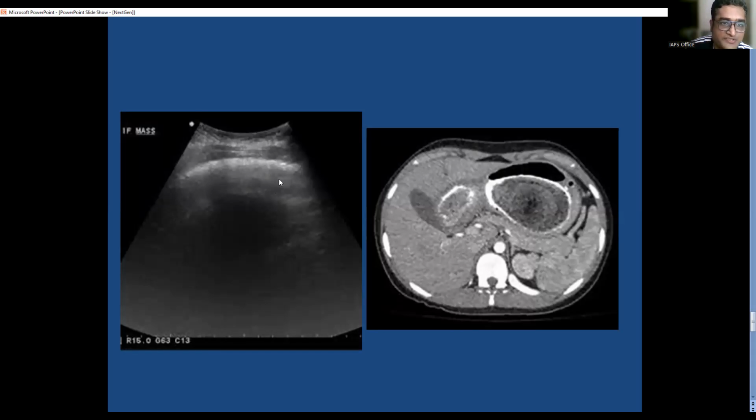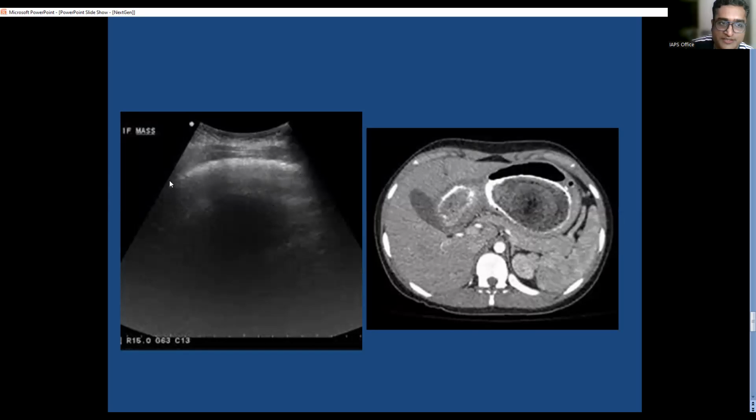On ultrasound, what do you see? It's a very characteristic sign. Young girl, 12, 15 years old, having epigastric pain and a lump in the epigastric region. I can see a hypoechoic lesion, sir. There is hypoechogenicity.